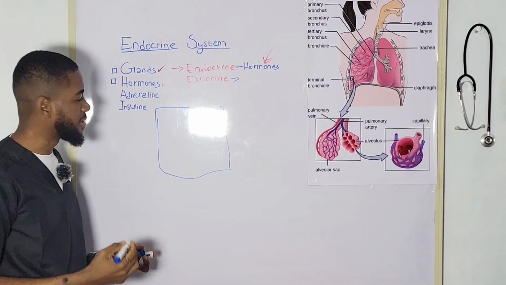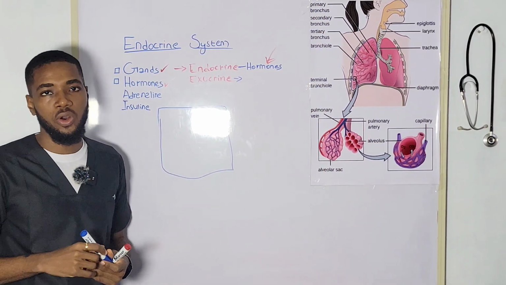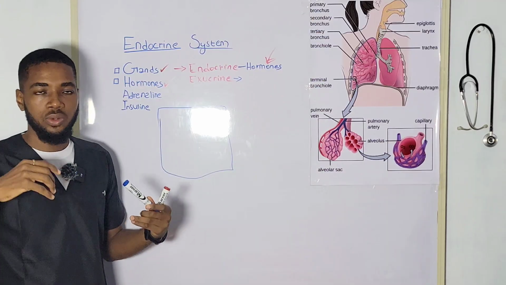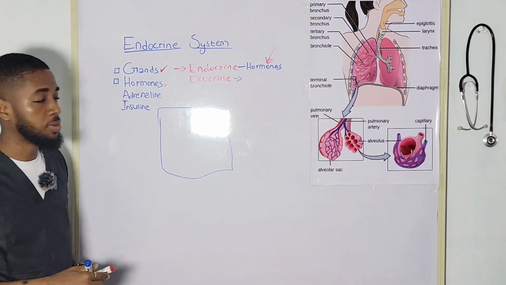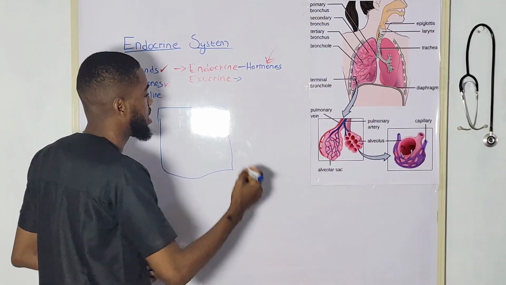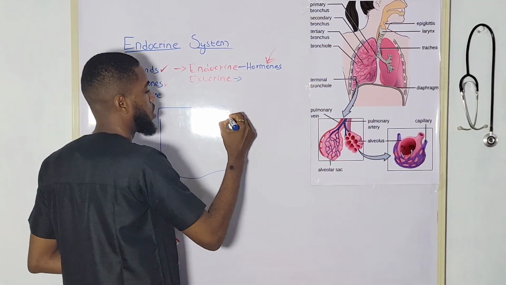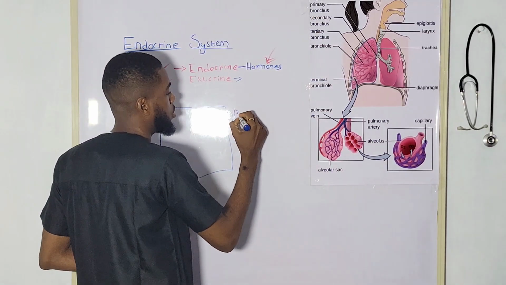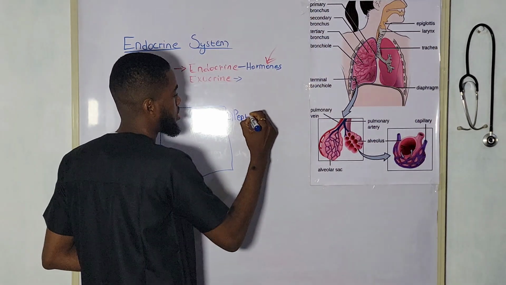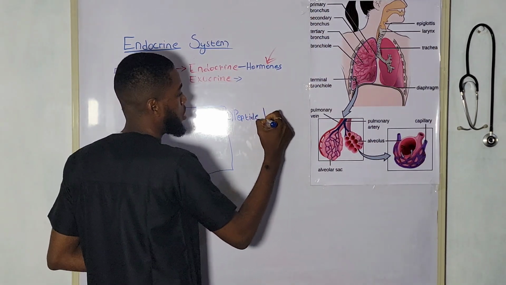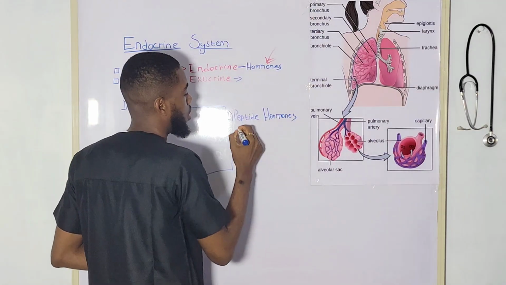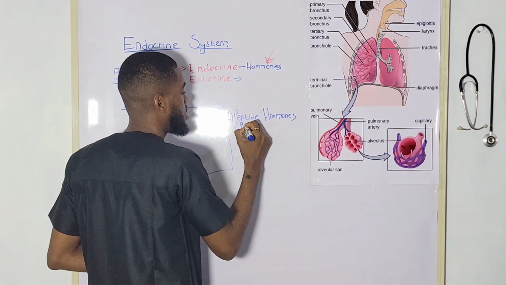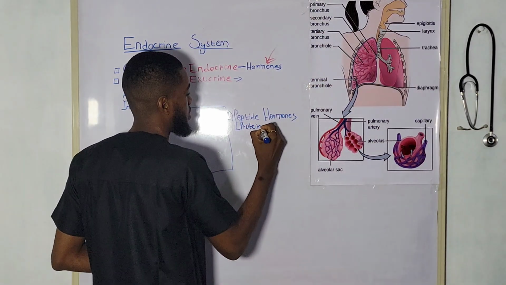So when we look at the different subtypes of hormones, we have three main types. The first one we call peptide hormones, or you can call them protein hormones, all right?